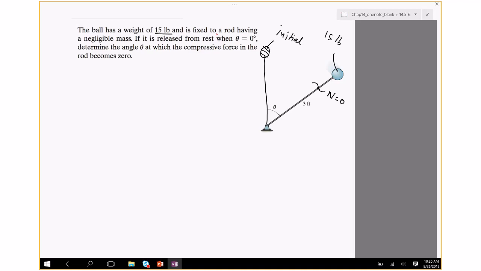Okay, so first of all, when you're asked to find a force, the first thing you want to do is draw a free body diagram, because you cannot write an equation for the force unless you have a free body diagram. So let's draw a free body diagram for the pendulum when it is at an angle theta. So mg.